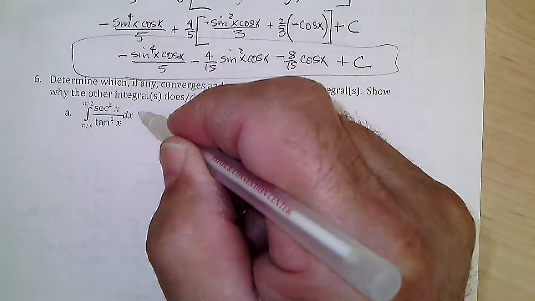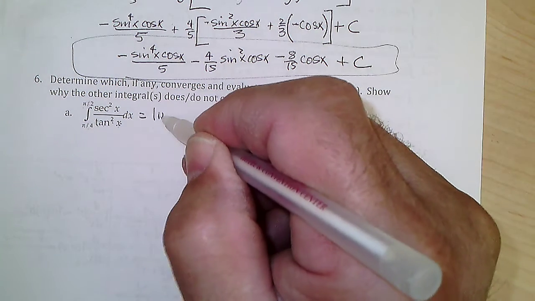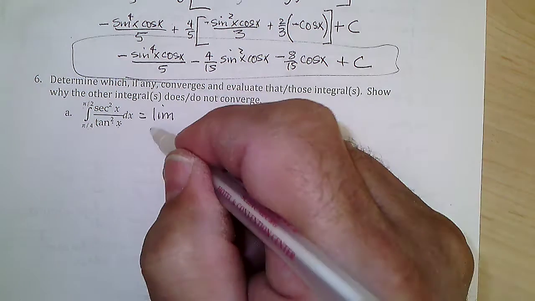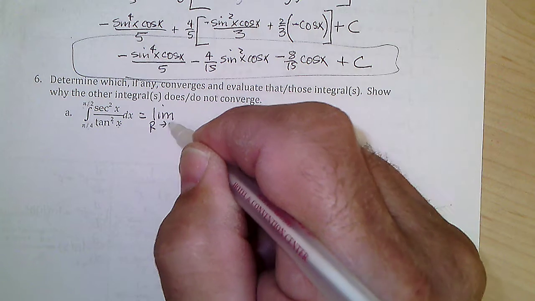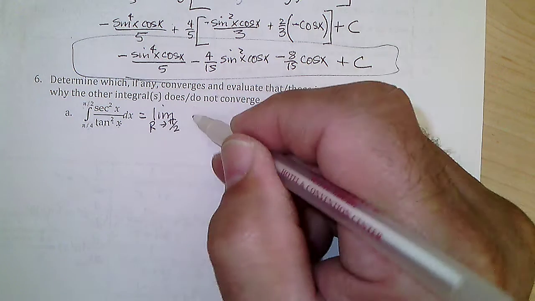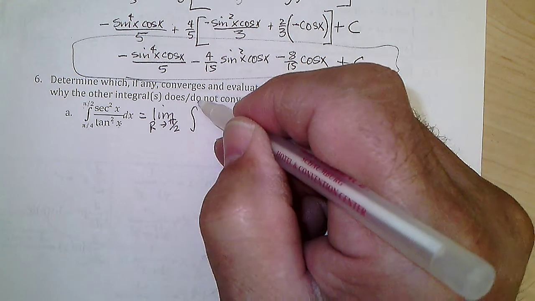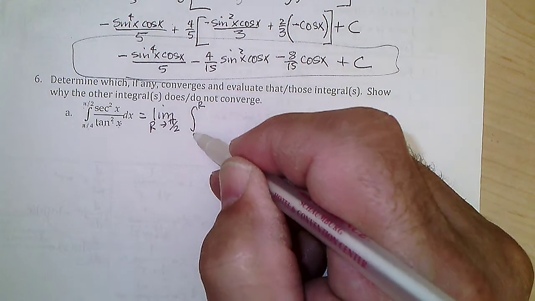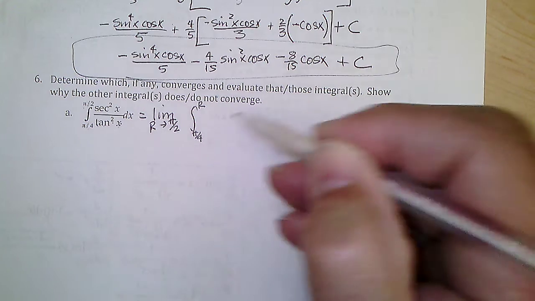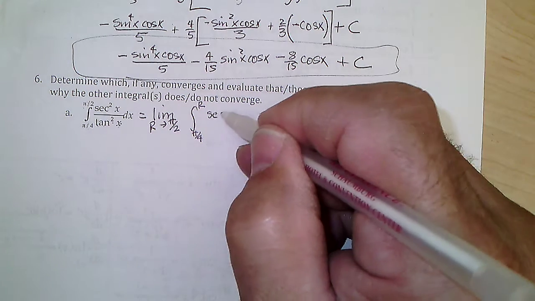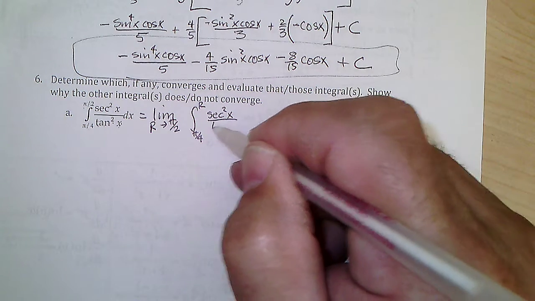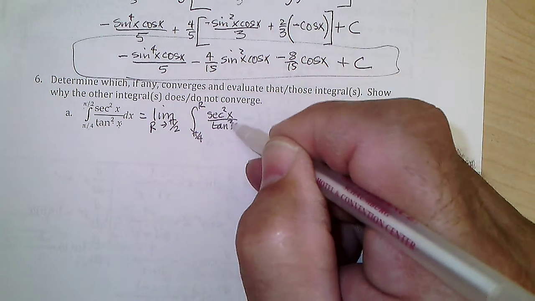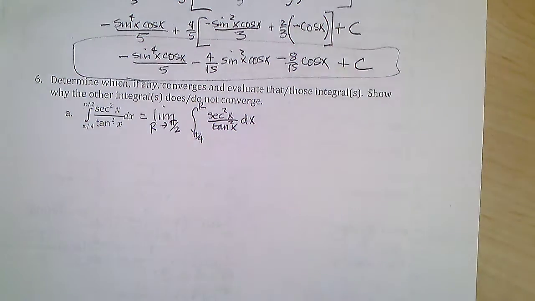So we need to rewrite this with a limit, and I need to see the limit in there as r or b or something goes to pi over 2 of the integral from pi over 4 of secant squared x over tangent squared x dx.